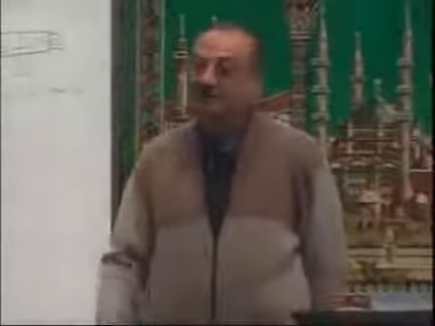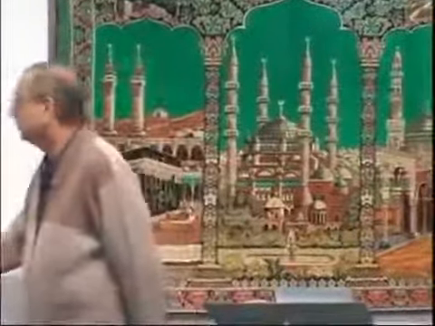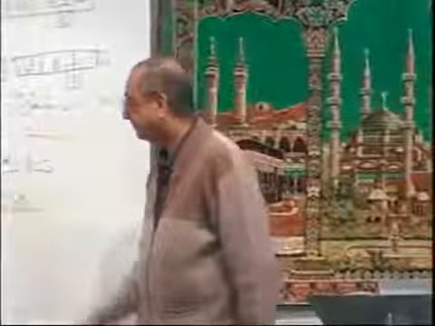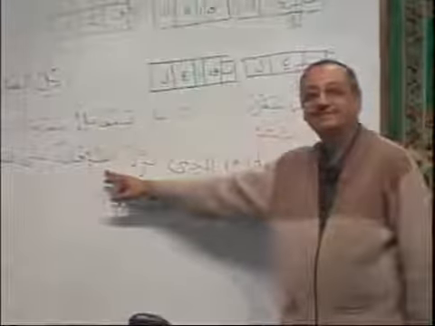Mustatir, taqdiruhu huwa. Where does this huwa go to now? We have to find out. You can say whatever you want to say. Does it go to abd? Or does it go to Furqan?